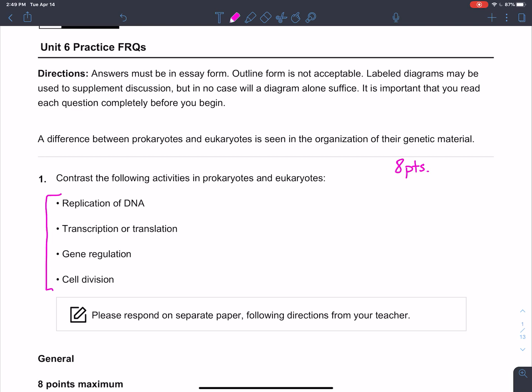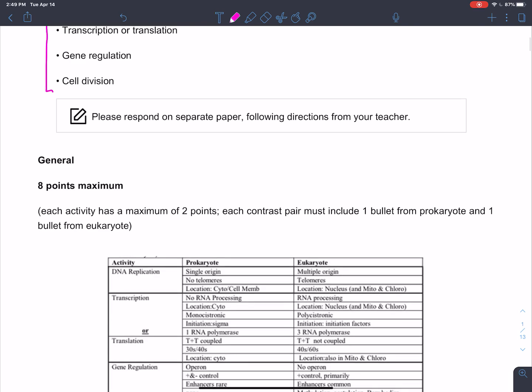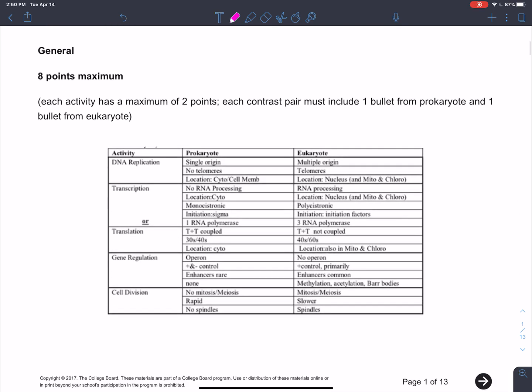There's 4 categories. Now, the rubric basically breaks it into 5 because this could possibly be giving as many as 4 points. Each point means you had to get the bullet point in both places.